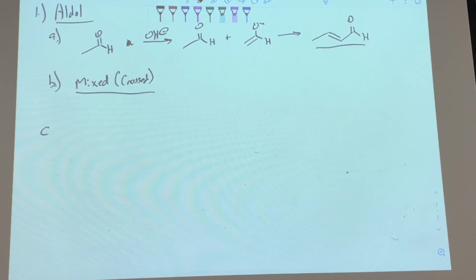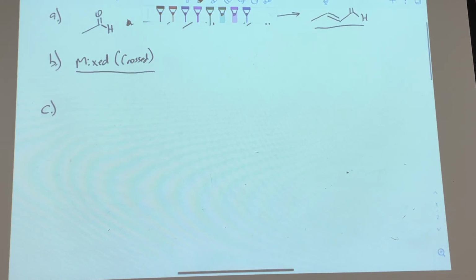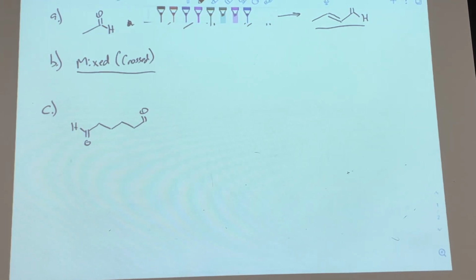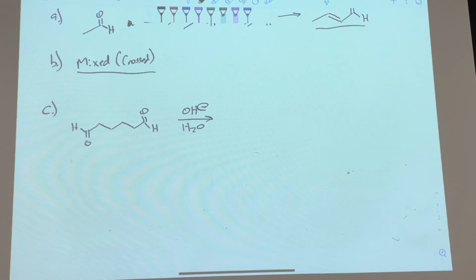And the third way is, imagine for a minute if we had something that looked like that.